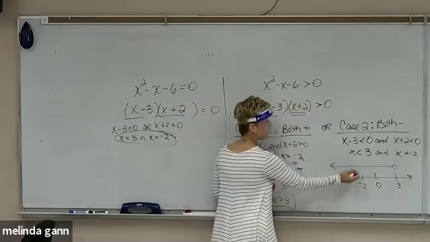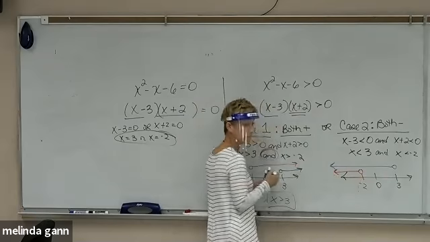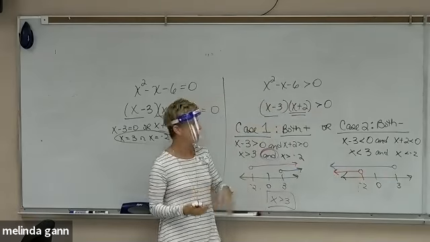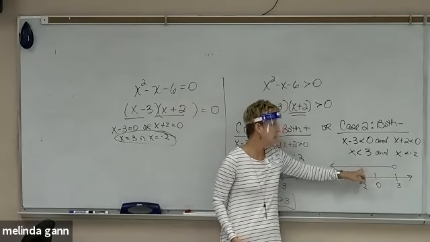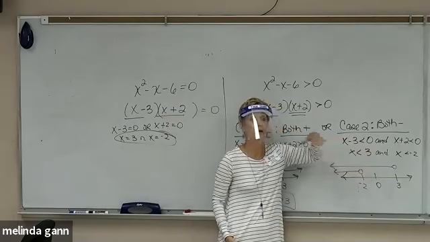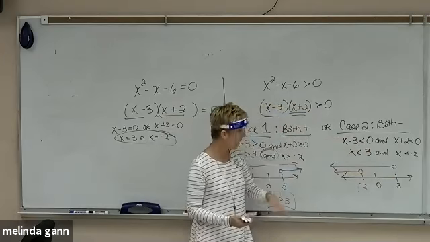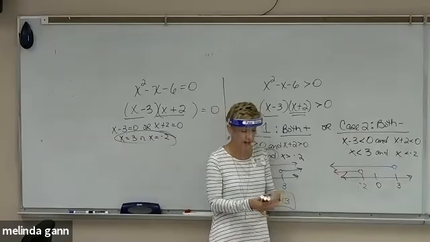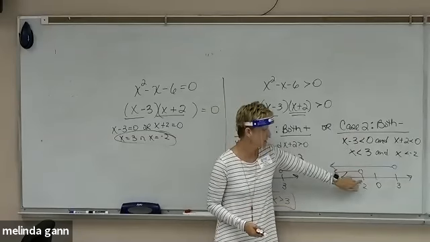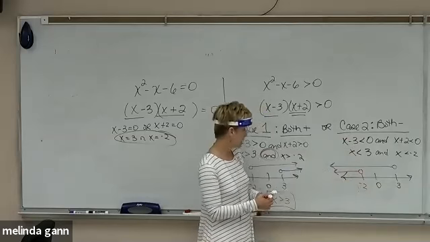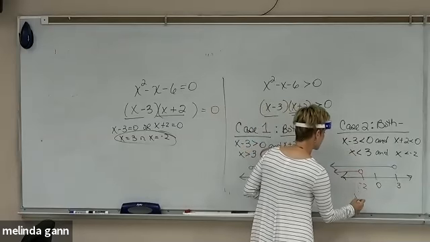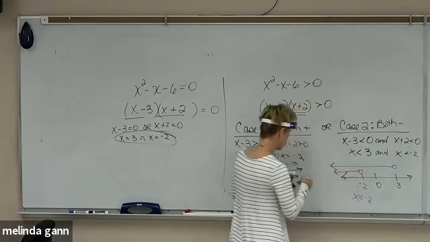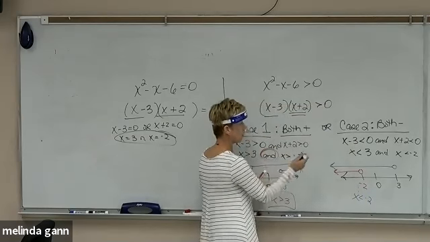So I've got to go to the left of that negative 2, right? And what about "and"? Do I need both or just one color? With "and," I need both, all of them. Where is it smaller than 3? What numbers are smaller than 3 and smaller than negative 2? Numbers that are less than negative 2. And these cases are joined with what word?